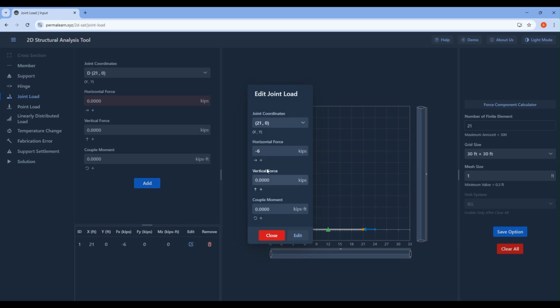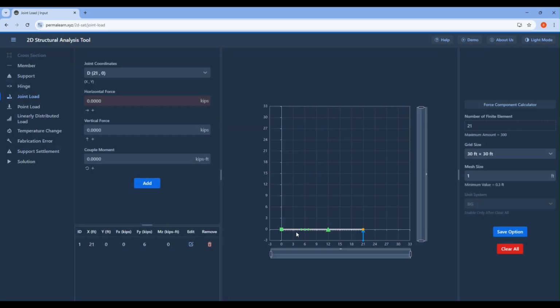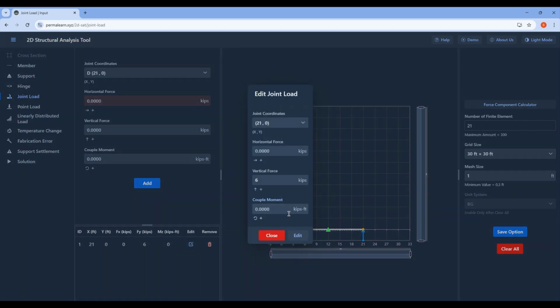And if I want it to go upward, I just change this horizontal to 0 and vertical here to 6. So it will go upward. Same as the horizontal, if I want it to go downward, I just put -1. And if I want to add a moment at that point, if the moment is counterclockwise, I put the positive.